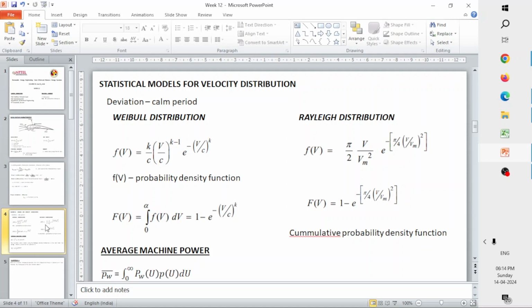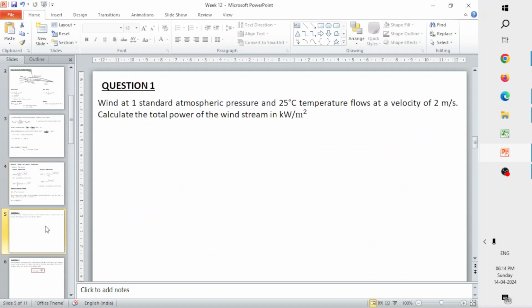Okay, if there are no doubts, let's go towards solving the first problem of this live interaction session. This is very similar to what we solved in the last session.